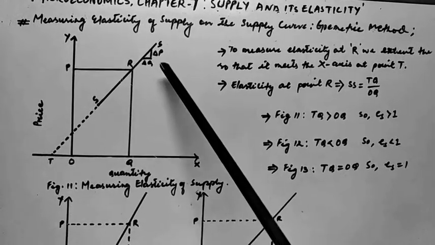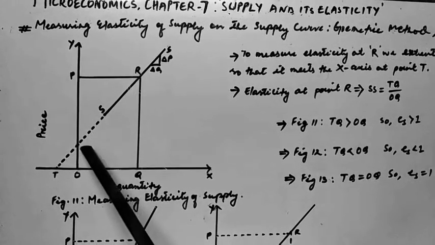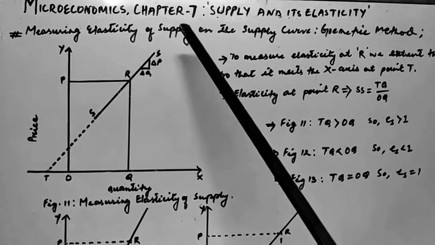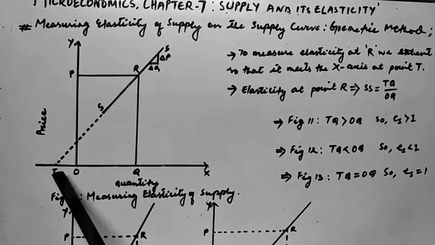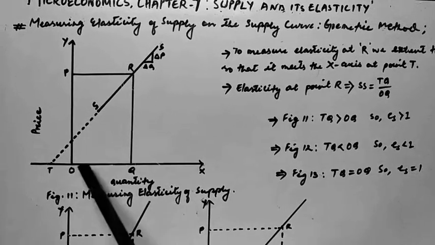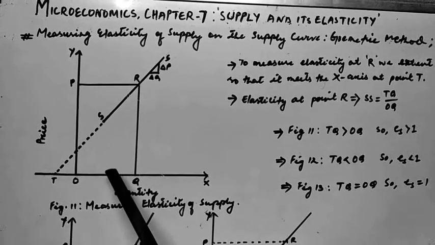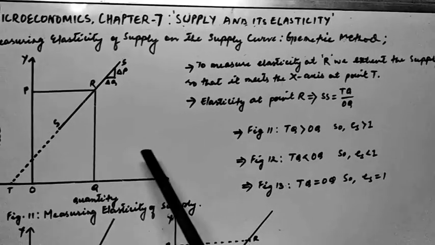So that is given. As we have extended the supply curve, we can now obtain the elasticity of supply by dividing the distance between T, Q and OQ.